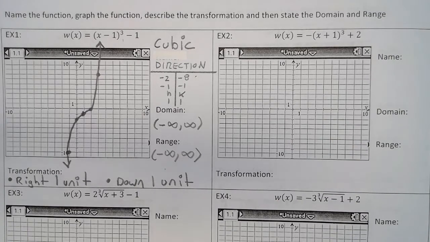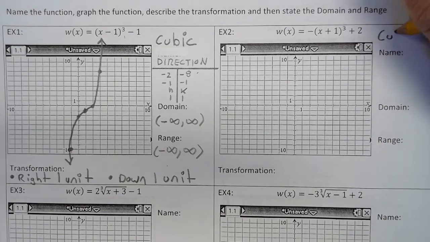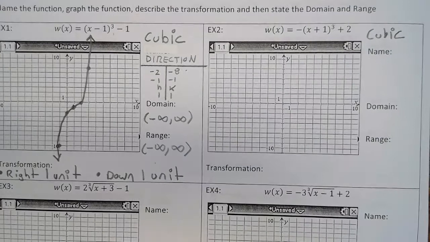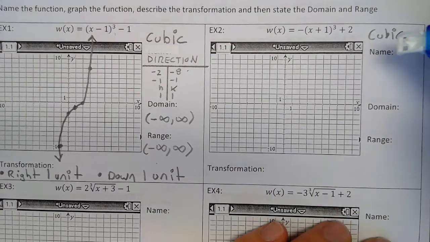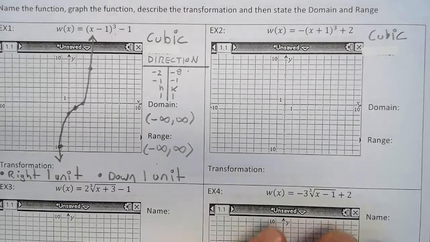All right, example 2. Okay, so we're first going to name the function, and it's a cubic. And again, just going to need to steal the space here so we can graph by direction.